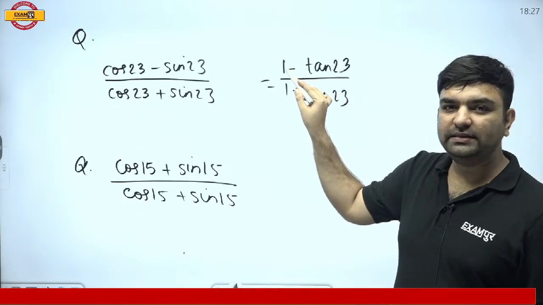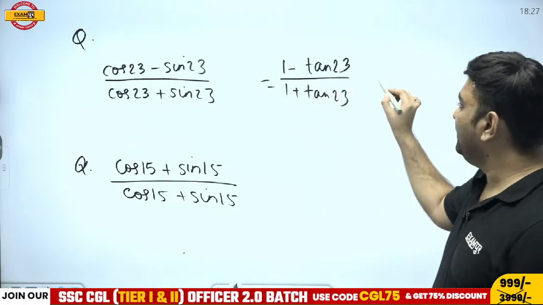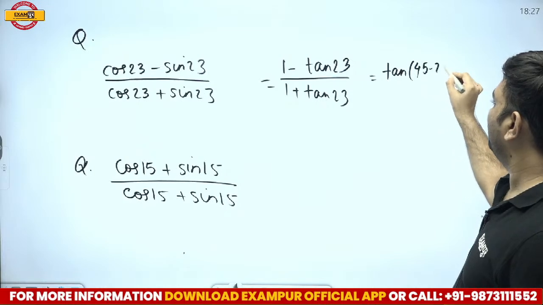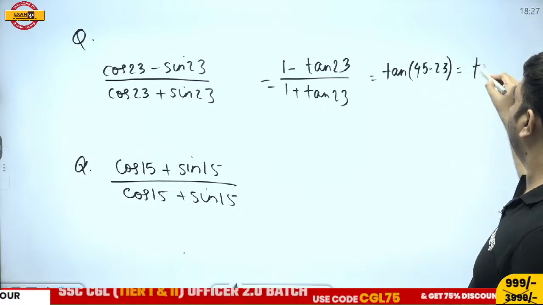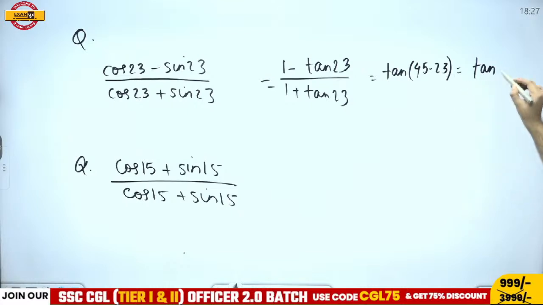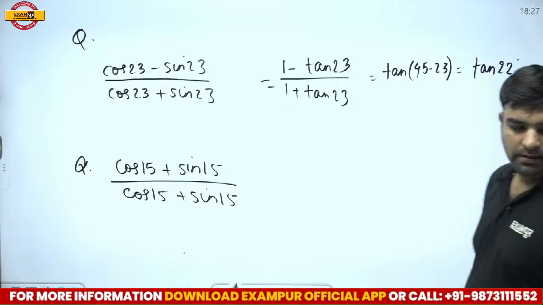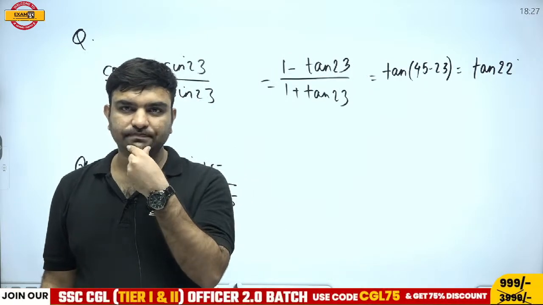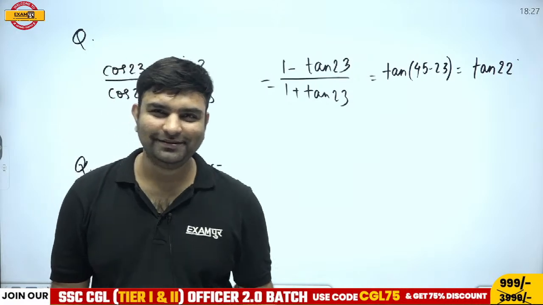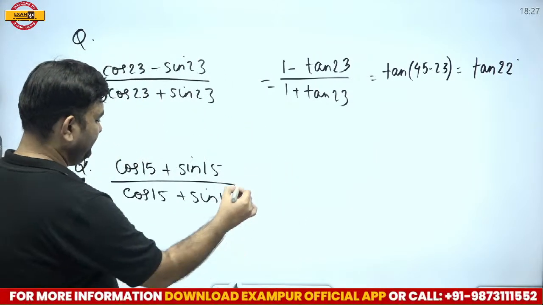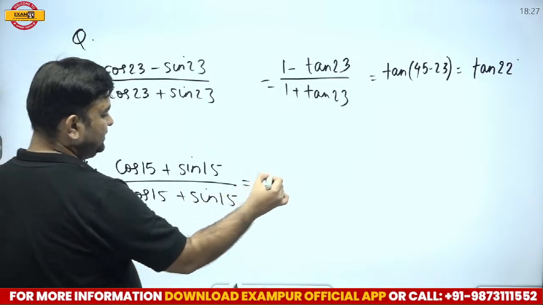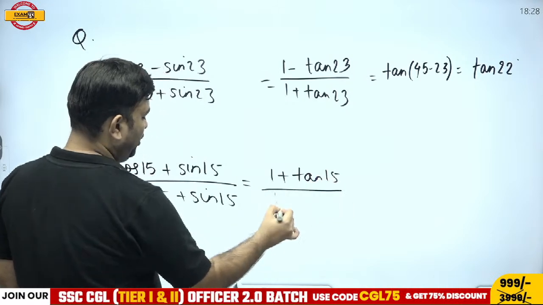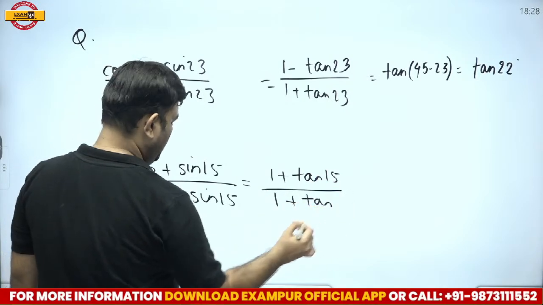If negative is in the numerator, it is tan 45 minus theta, which is tan 22. Okay. Well done, Anupam. Positive, so divide by cos theta: 1 plus tan 15 upon 1 minus tan 15.